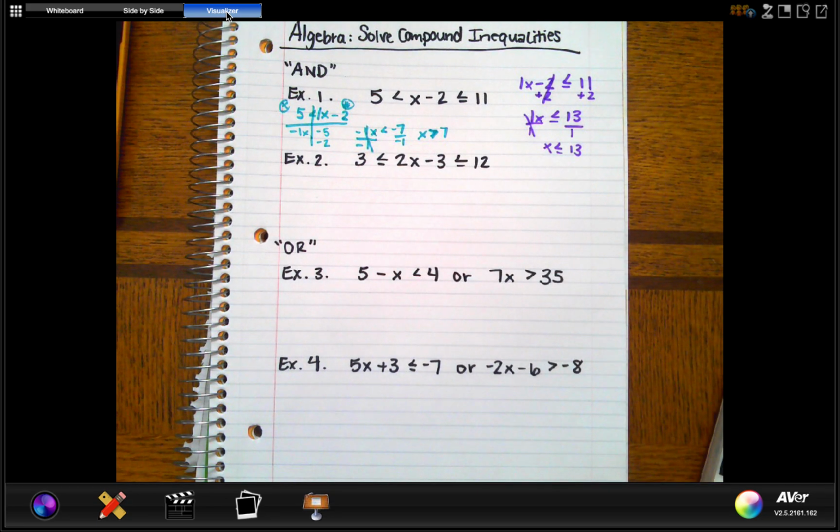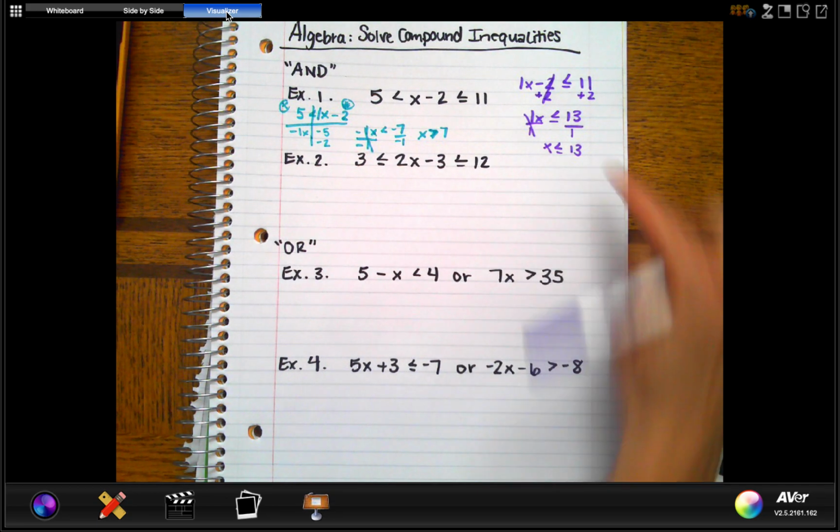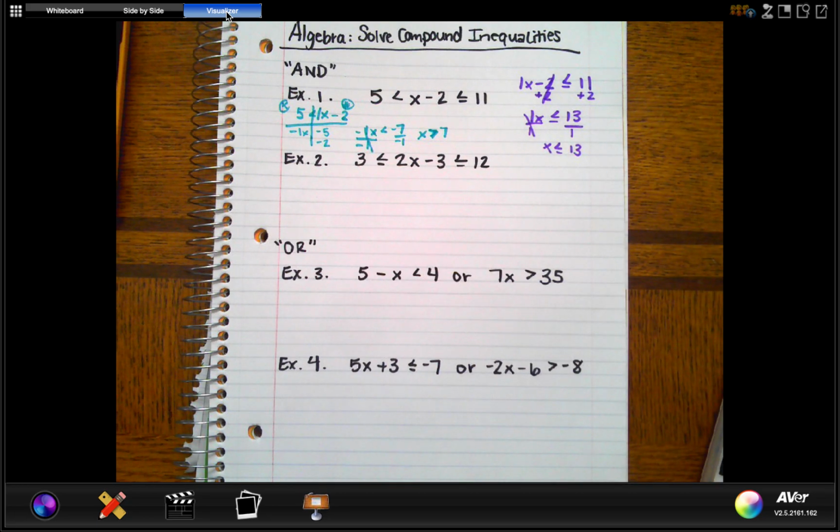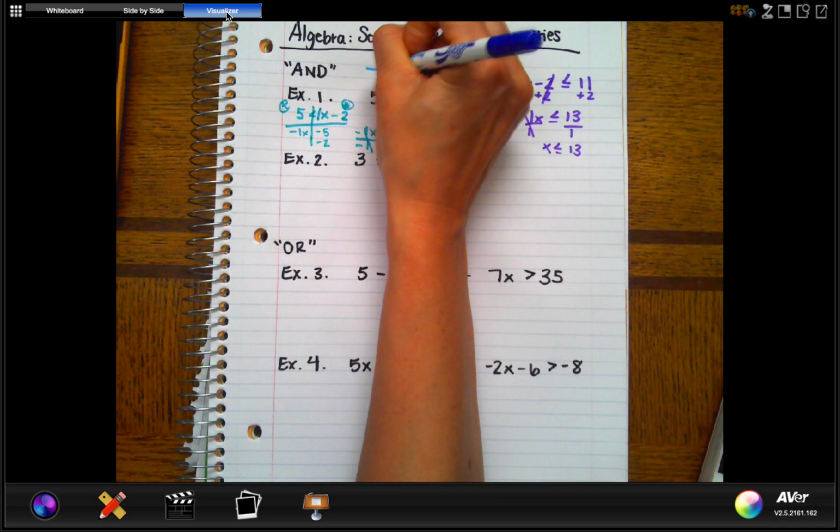So we end up with two inequalities. You can solve this side with a chart as well. Remember, when we did this specifically for the and ones and we gave our final answer, we wanted the lower limit to be first. The smaller number here is 7, so 7 goes on the left.